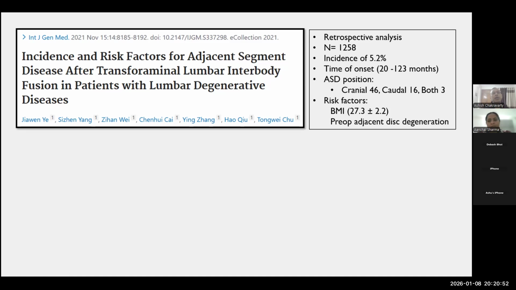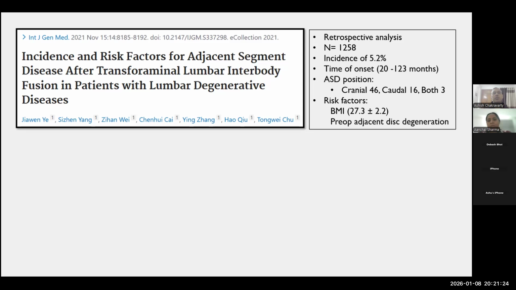It was a retrospective study, and it involved approximately 1,200 patients, and they reported an incidence of around 5.2% in their study. The time of onset of adjacent segment degeneration was reported to average between 20 to 123 months. Here, you would notice that the time of onset in my first case was around 4 months.